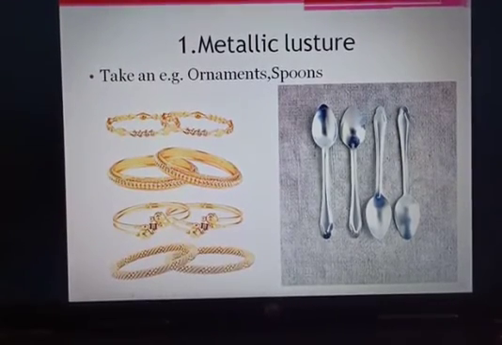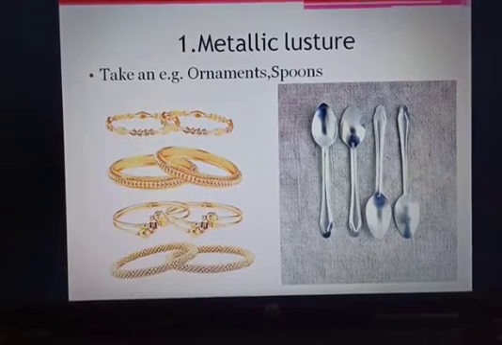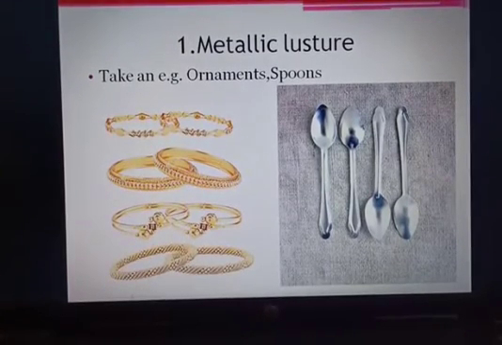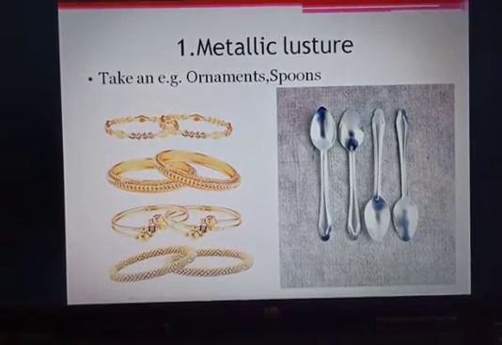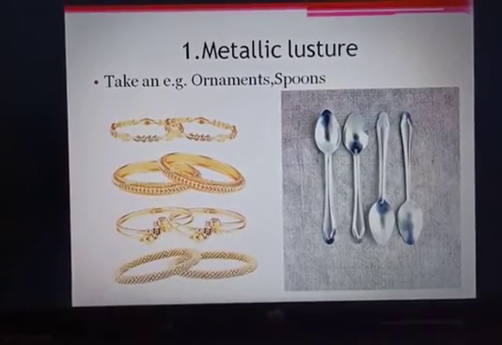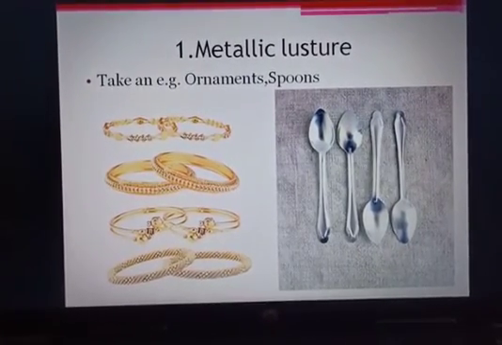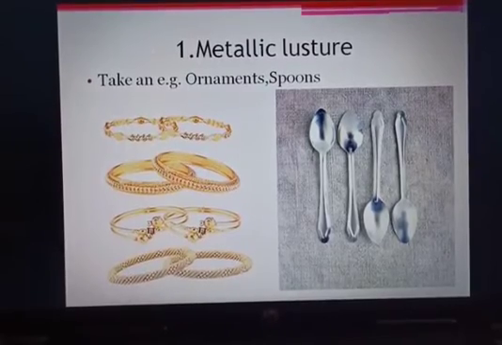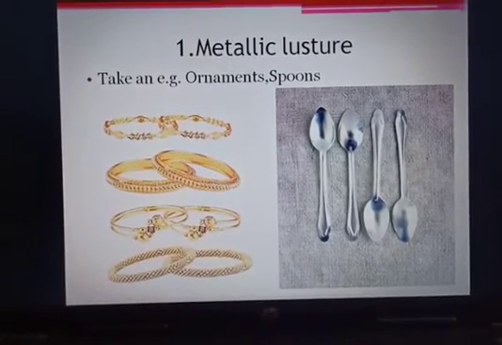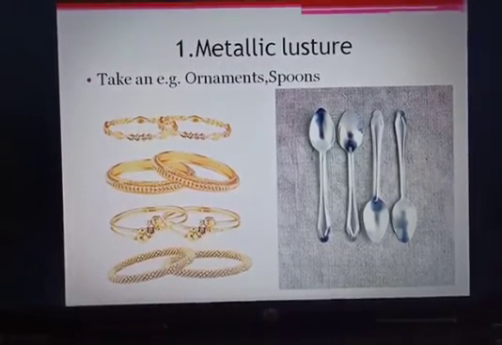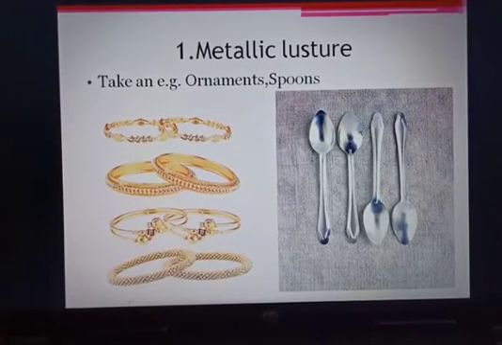Both gold and aluminium are metals, and so they have metallic luster. This is one of the properties, where we say that metals shine. The metals which have shine are said to have metallic luster.